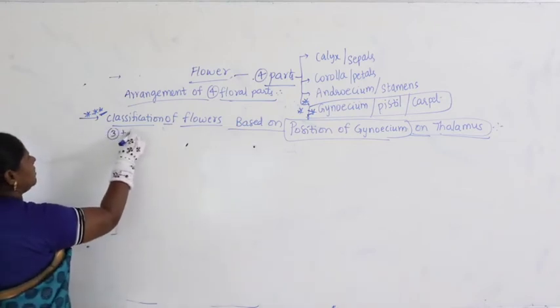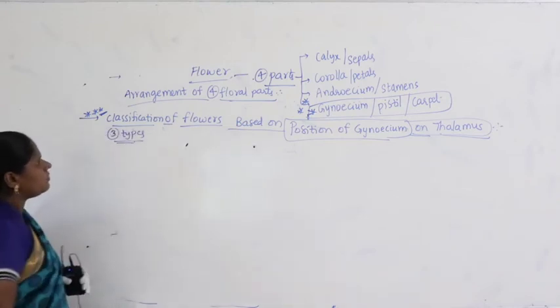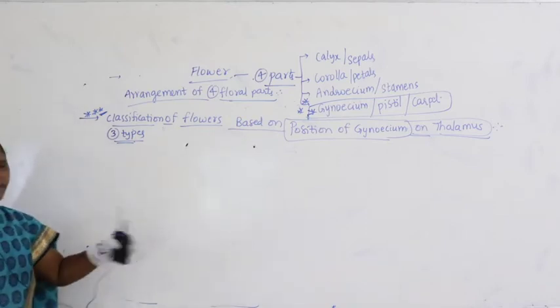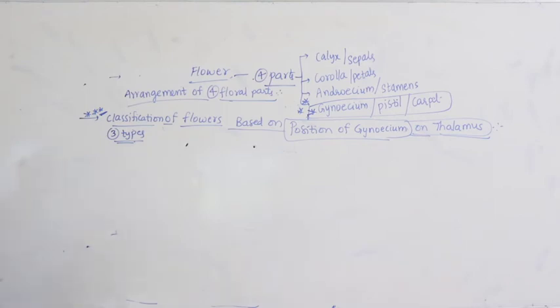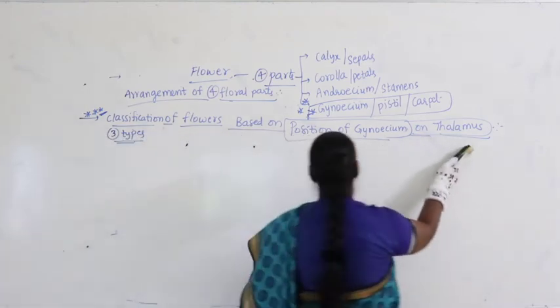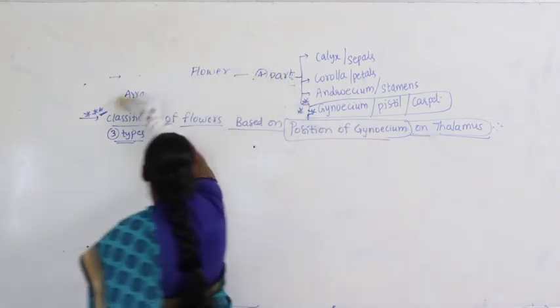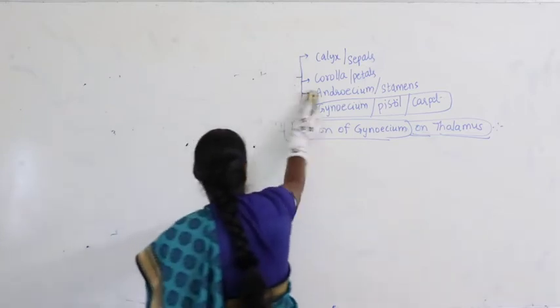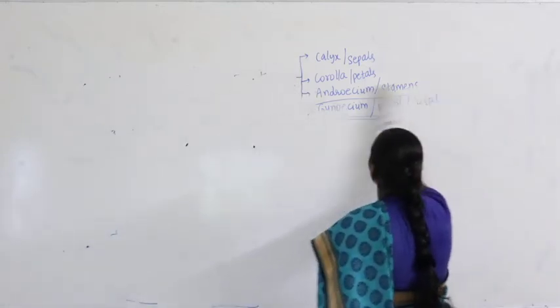So I am just writing 3 types here. So let me put it up so that I will get space to write everything. I hope you understood what we are discussing now based on the position of gynoecium on thalamus. So let us write everything as a heading because I need more space down, so I am erasing.